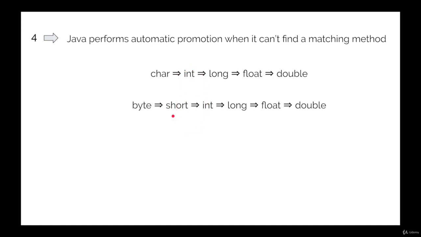And if the compiler doesn't find the matching type even after the automatic promotion, it throws the error. So this is a very important rule, and please memorize this. This is also repeatedly asked in interviews to my students, and it's a very important interview question.